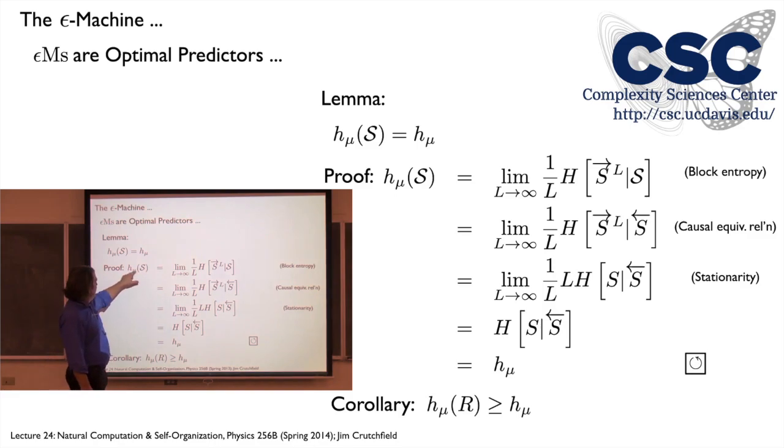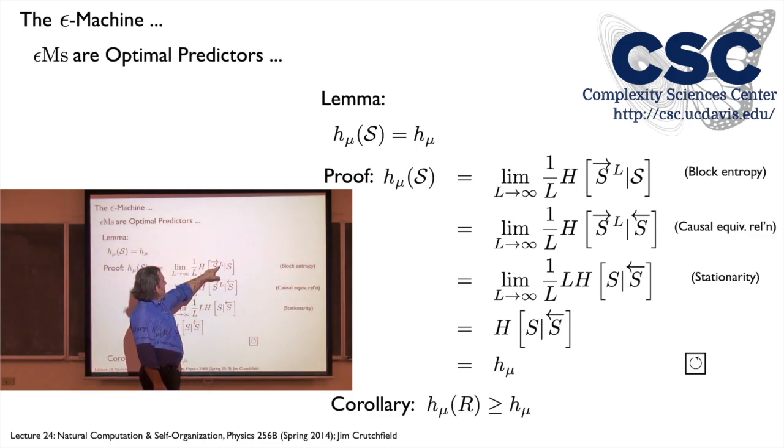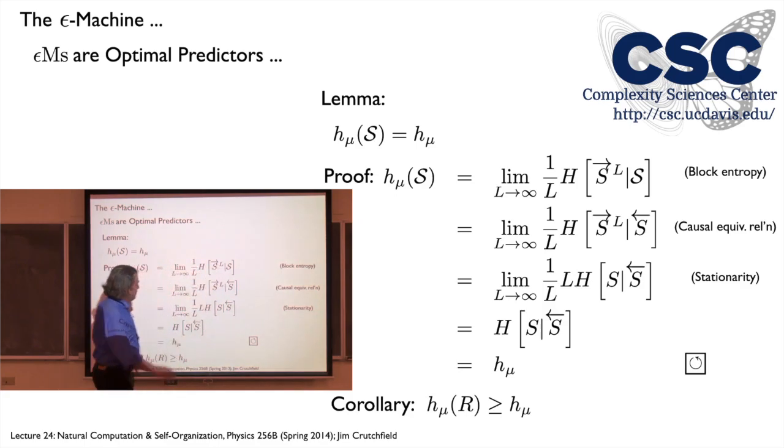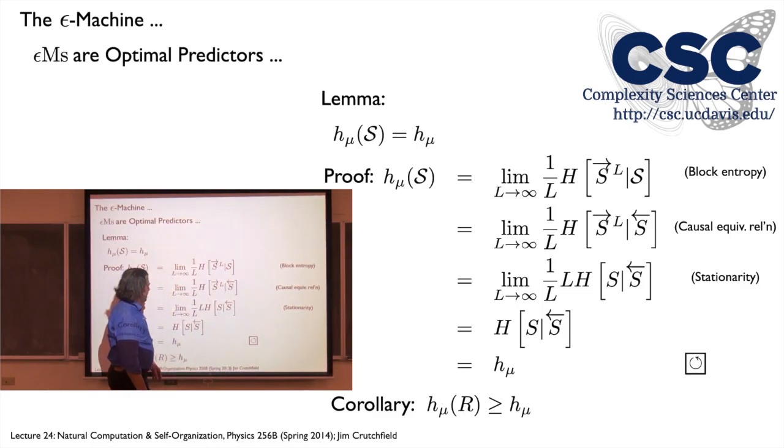The definition of the entropy rate of a given model class R is the block entropy conditioned on the model. In this case, I'm assuming the causal states. This is just a definition of the entropy rate in terms of the block entropy growth rate. I can move from knowing which causal state I am in to just focusing on the histories that are associated with each causal state.